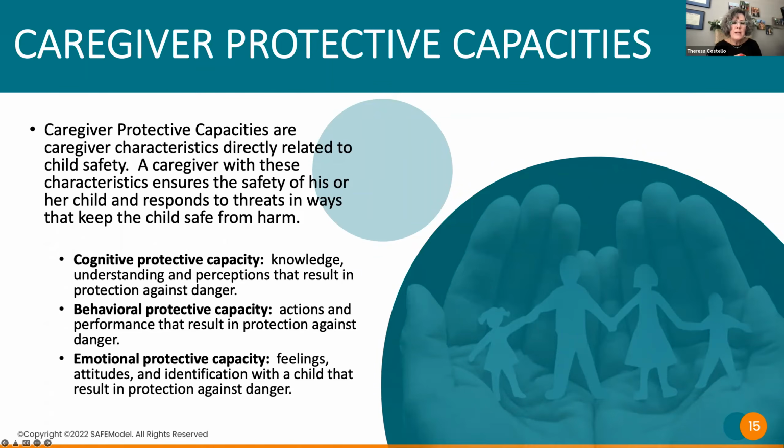You have demonstrated action. You've taken those kinds of steps to protect a child in any given situation in terms of supervision, who they have access to, who has access to them, who they're allowed to be with. You have had emotional protective capacity, the feelings, the attitudes, your identification and attachment with that child. Those are the things that we characterize in a safety model that really describe what's necessary to keep a child safe.